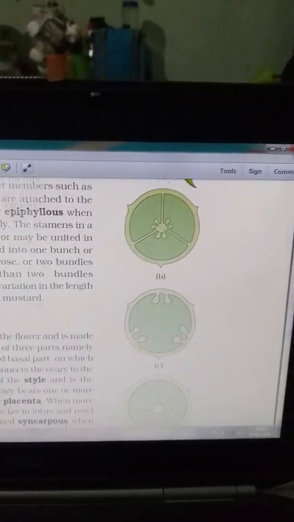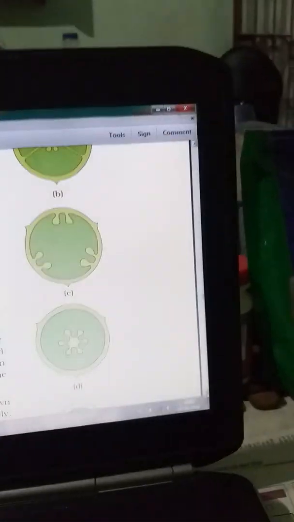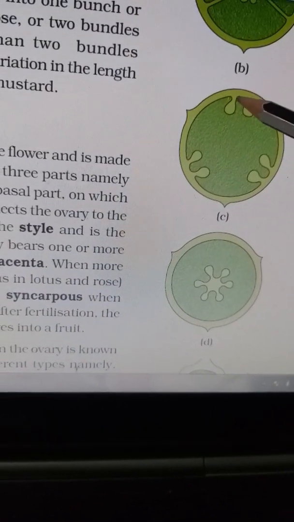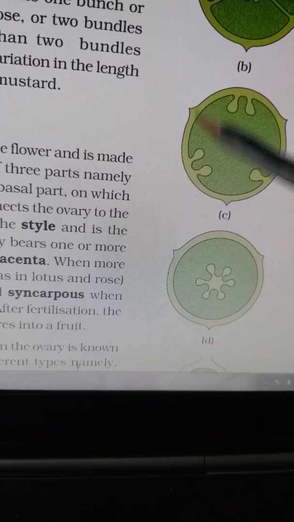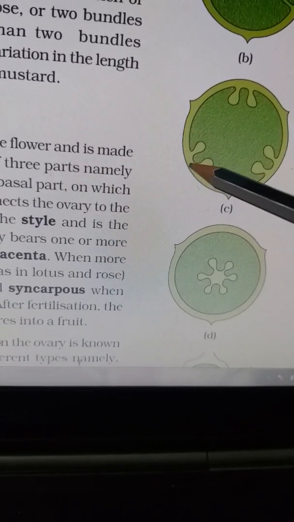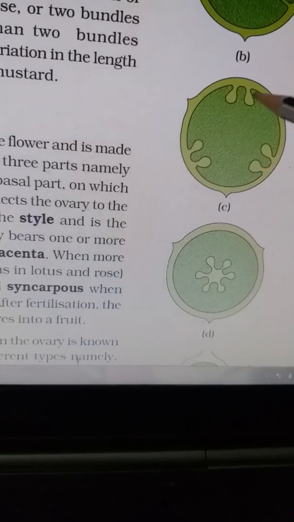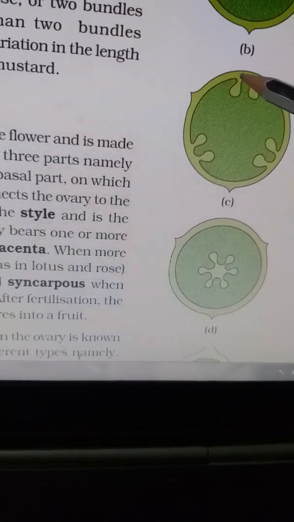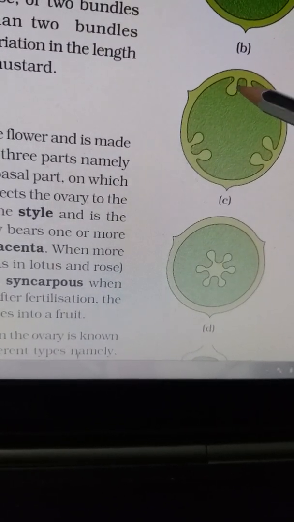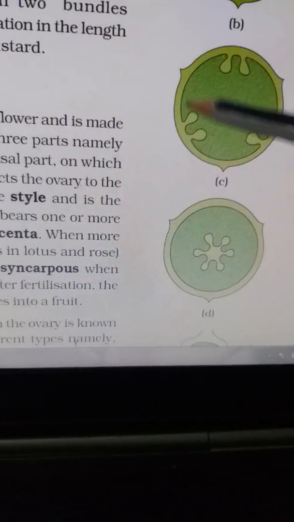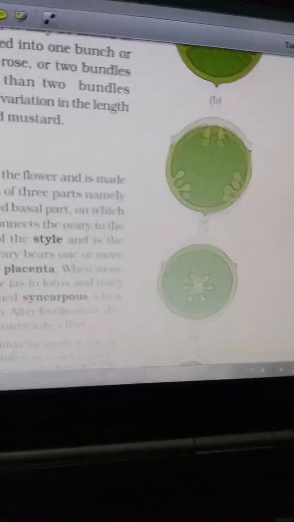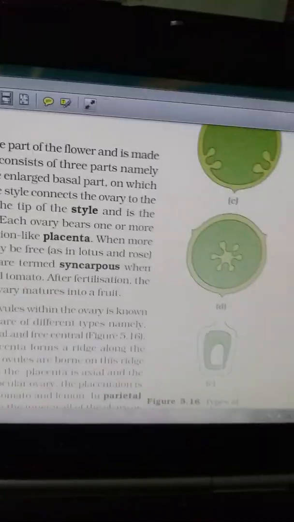Next you see here, this is one area, one part of the placenta. Another one is here, also a placenta, and they are arranged here, but they don't have septa. So this kind of placentation is known as parietal placentation.